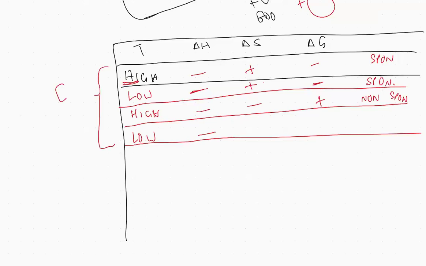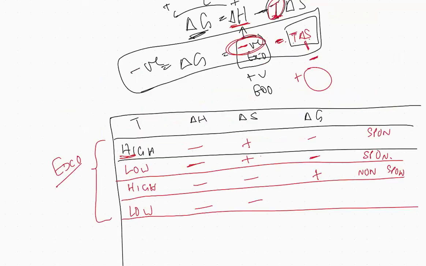And because T is low, although delta S is negative, this T delta S term would be a small one. Okay, but it's a small positive. Then the negative delta H is high, and this is small relative to the negative delta H value. So delta G is going to be negative. It's going to be small.